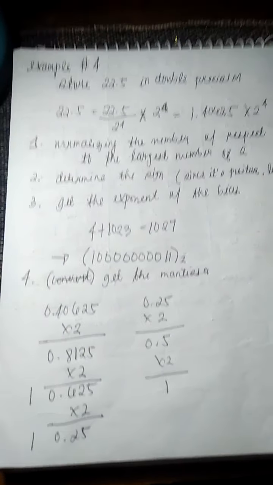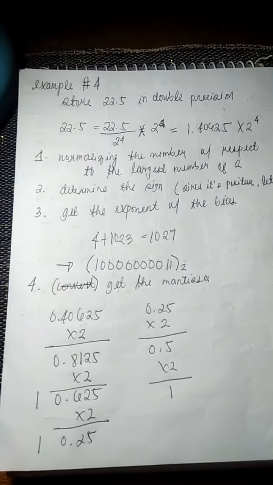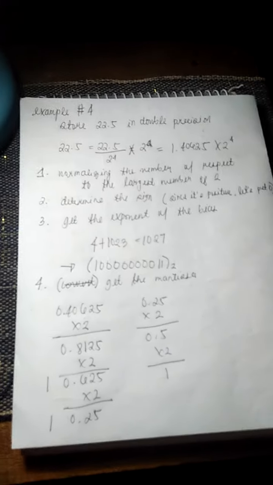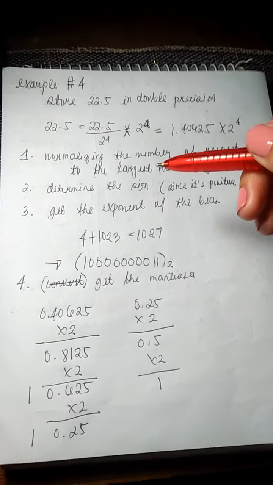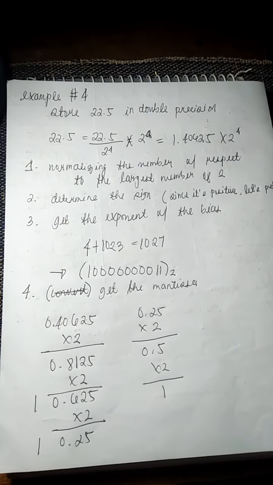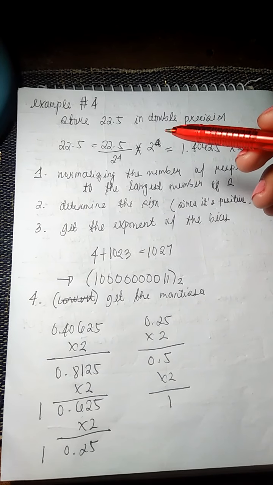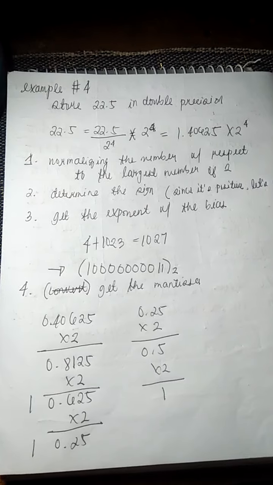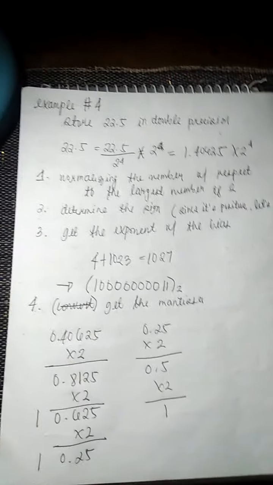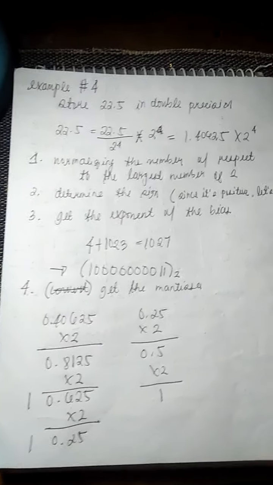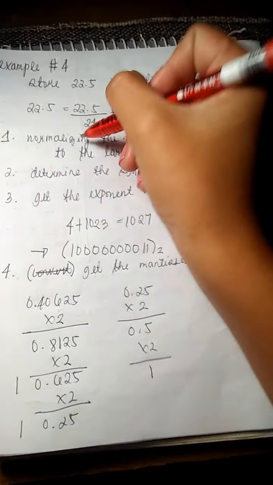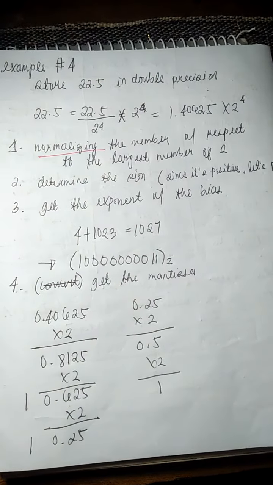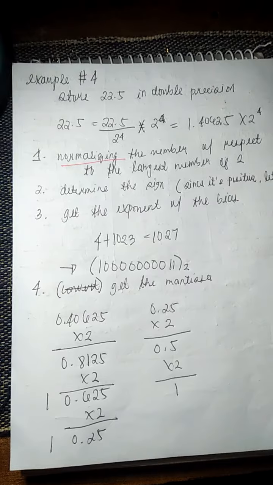So in order for us to really understand, let's take a look at this example. Store 22.5 in double precision. The first step is normalizing the number with respect to the largest power of 2.